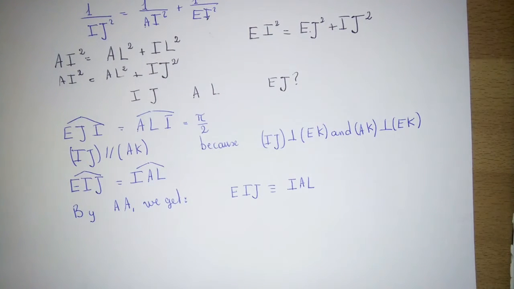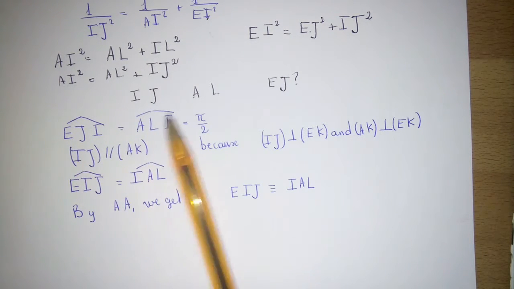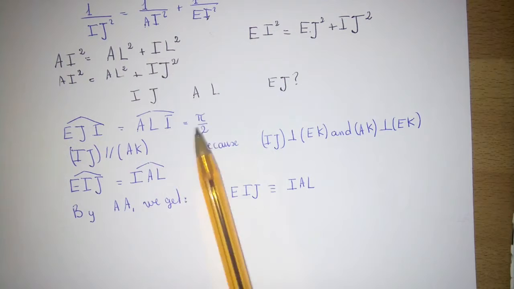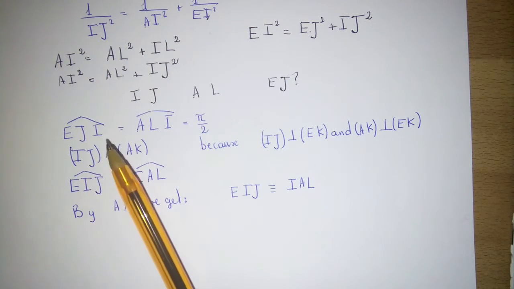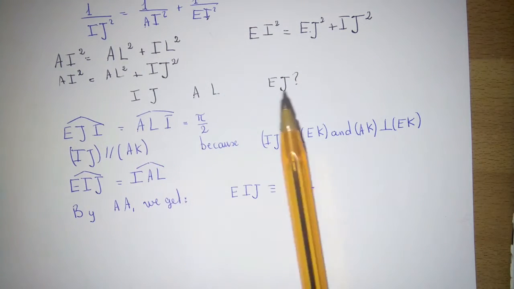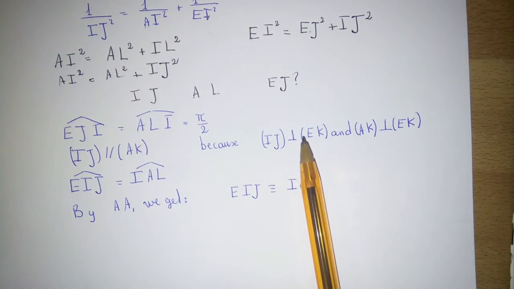So here I've written out what I just said. We started with the two angles that were both pi over 2, both right angles, and the two parallel lines IJ and AK, because they were both perpendicular to the third line, EK.